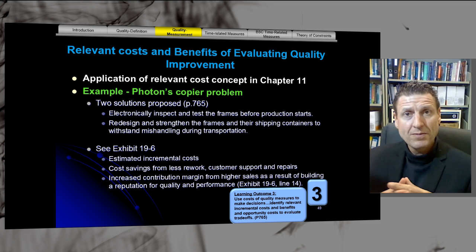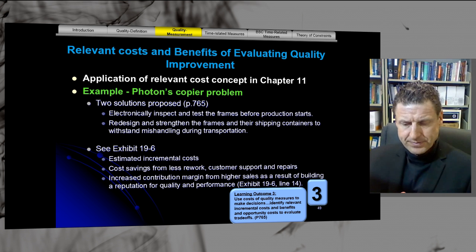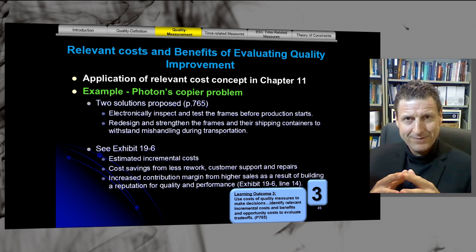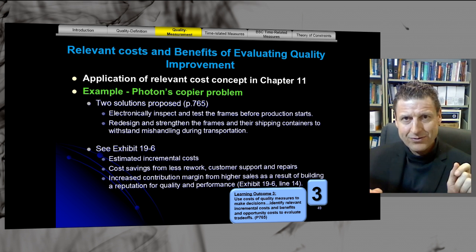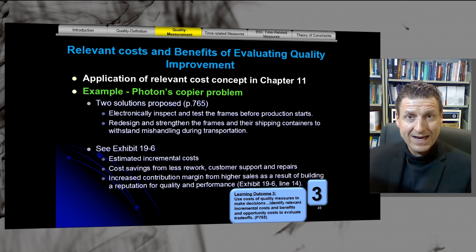We want, in this section, to paint the picture like Photon has a problem. There are defects, and we've decided through the Pareto diagram that there is one defect that is occupying most of the defects that are found. One type of defect, yes.